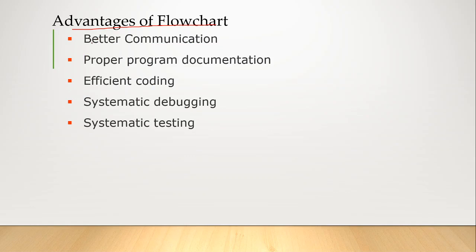There are different kinds of advantages. As we see, flowcharts are the pictorial representation of an algorithm, so they result in better communication and proper program documentation. They result in efficient program coding, and we can easily debug the program if your flowchart is of good design, and systematic testing is very easy with the help of flowcharts.